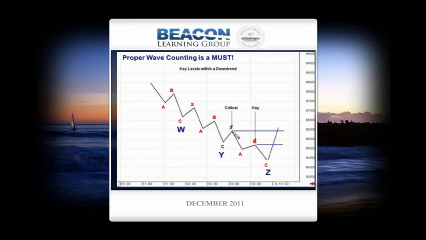Now, the only way that we would find this is by going through and actually counting each wave that we have there, and by determining that we have an 11 count rather than a 9 count, we now know that we're out of the motive type situation and into the corrective type situation. Of course, these waves are made up of motive waves as well as corrective waves, but the sequence itself tells us what kind of wave situation we're dealing with.